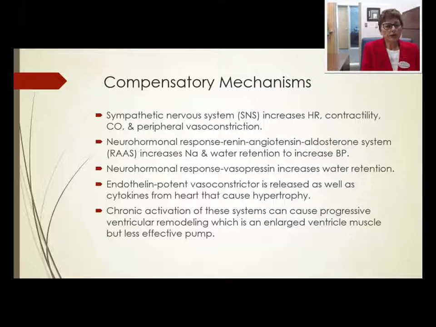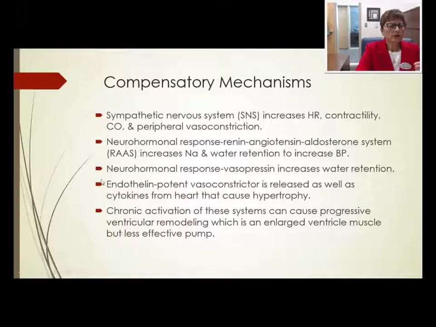Then there's the RAAS, the neurohormonal response, which is the renin, angiotensin, aldosterone system. That's through the kidneys, and it increases sodium and water retention to increase the blood pressure. There's also another neurohormonal response that releases vasopressin, which increases our water retention. So if the cardiac output is low, all these systems are trying to increase the blood pressure, increase the contractility, increase that cardiac output.